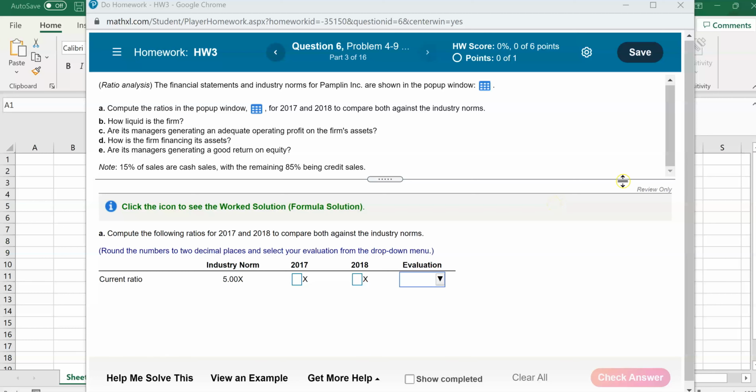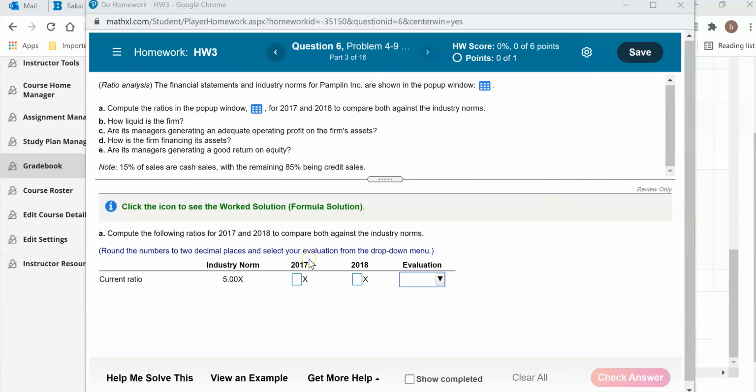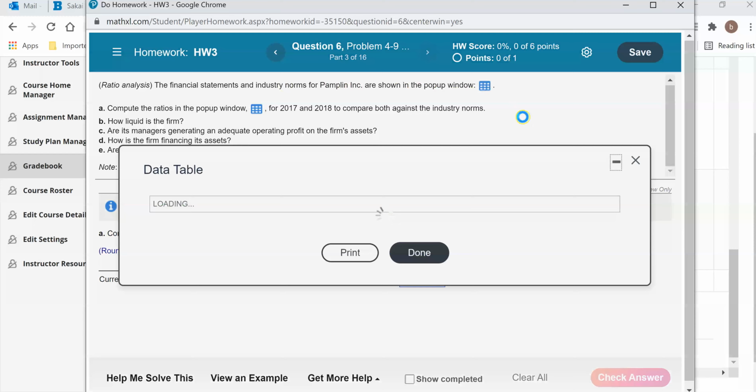This is question number, I guess, 6 from homework 3 for chapter 4. So we're provided with the financial statements of this company, and we also know the industry norms by clicking on this pop-up window.